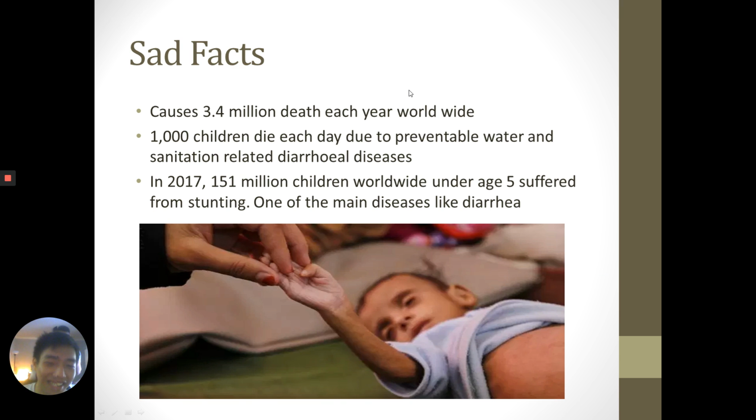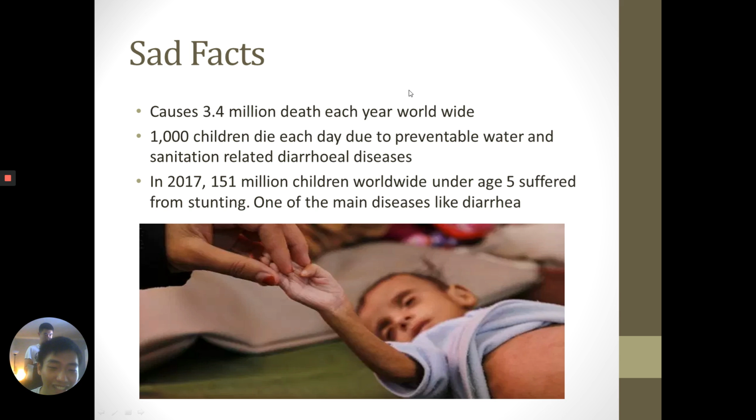Some sad facts. Around 3.4 million deaths each year happen worldwide due to unclean water, and 1,000 children die each day due to preventable water and sanitation-related diarrheal diseases.